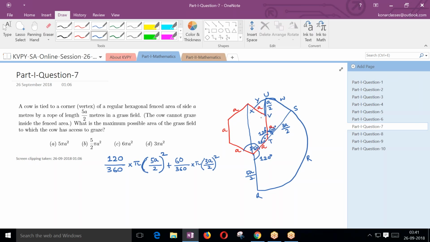Again, as this angle is 120, the interior angle of a regular hexagon, this has to be 60. So plus we get that area is equal to 60 divided by 360 into pi into a by 2 whole square.